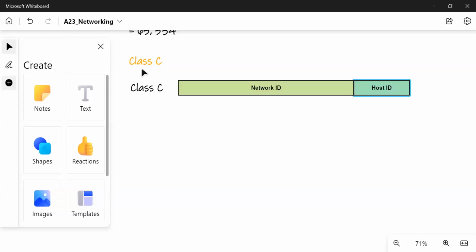And the other thing is it starts with 110. Let's write down the first: it uses 24 bits.